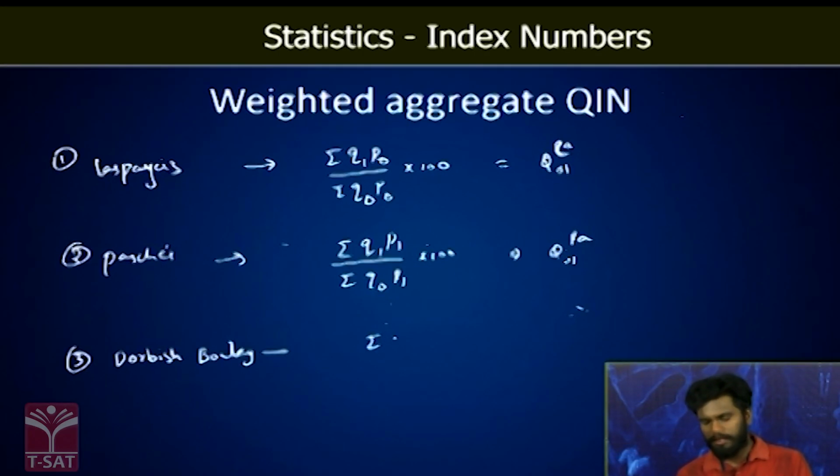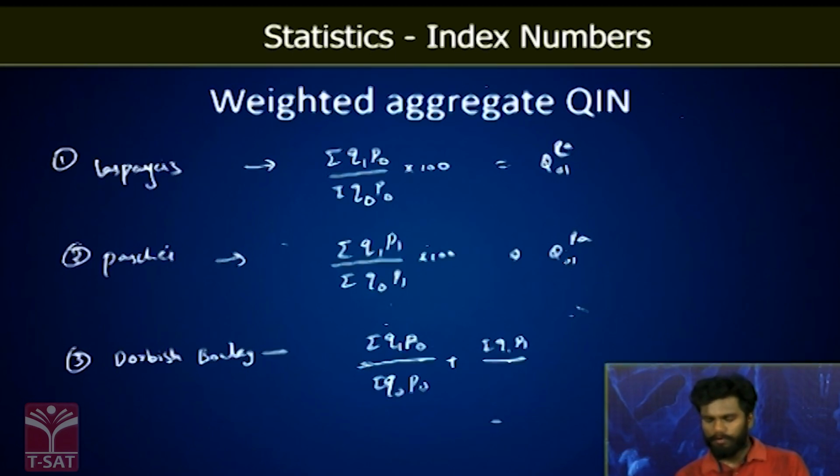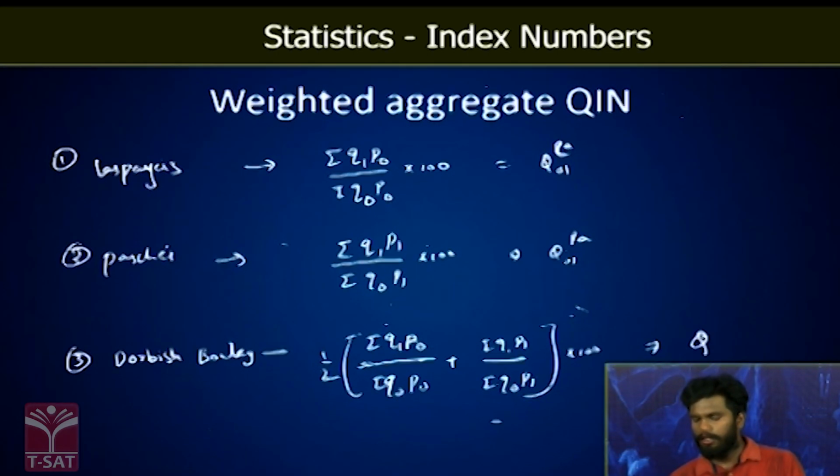Third one, Drobisch-Bowley, and the formula is given by the arithmetic mean of the first two: summation Q1 P0 divided by summation Q0 P0, plus summation Q1 P1 divided by summation Q0 P1, into half into 100, which is denoted by Q01 DB.